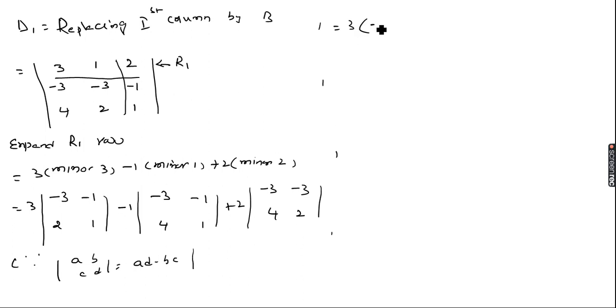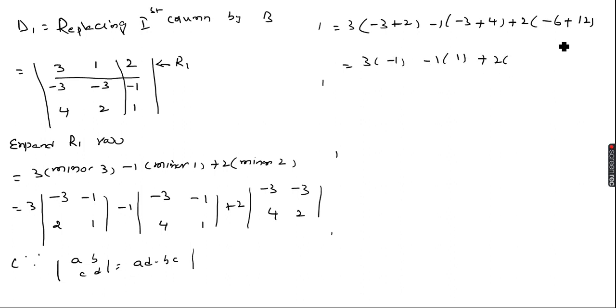3 into minus 3 plus 2, minus 1 into minus 3 plus 4, plus 2 into minus 6 plus 12. That is nothing but 3 into minus 1, minus 1 into 1, plus 2 into 6. 12 minus 6 is 6.